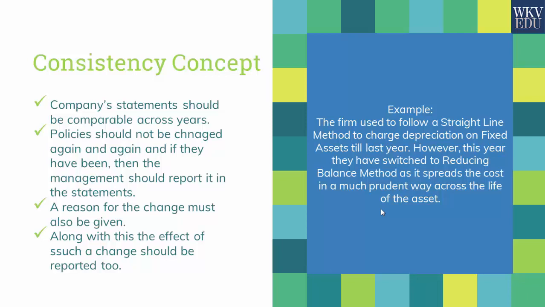It should also tell us how the reducing balance method will have an effect on the balance sheet or the profit and loss account vis-a-vis what the straight line method would have had. So the change that would be there as a result of the change in policy should be highlighted by the company in its notes to accounts, right?